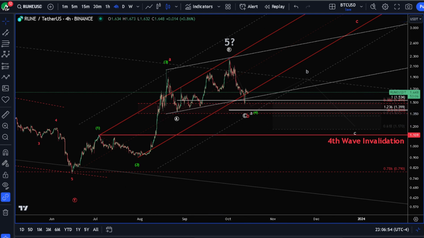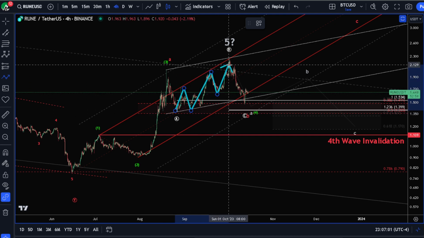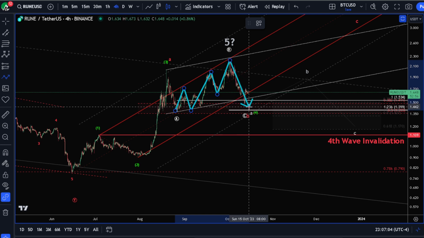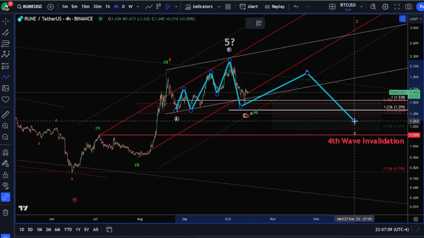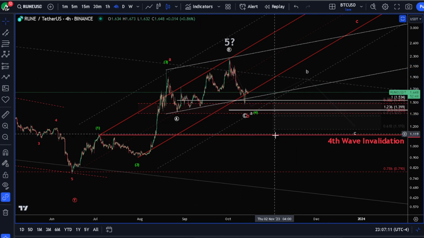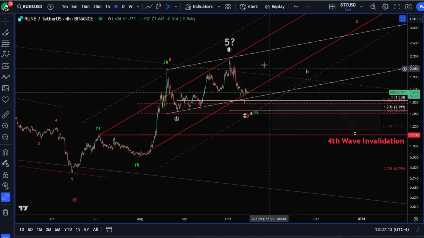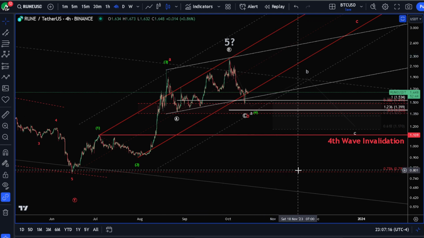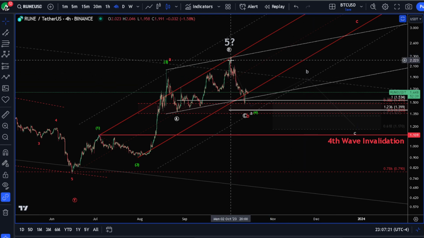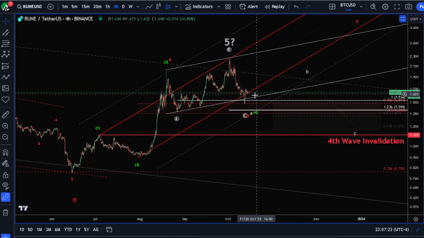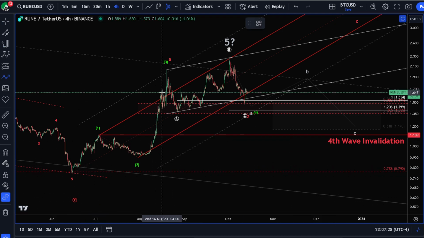Or is this an ending diagonal as a series of 3 waves, 3 there, 3 there, 3 there, as an ending diagonal, and this is our beginning A wave, and then we get a B and a C, as you see in gray. So kind of in no man's land at the moment of which one we're getting. Right now I am biased that this is a flat and we need more upside, but I will pay attention between the 50 and the 618 of this down wave to see if we drift sideways or if we're impulsive like previously over here.